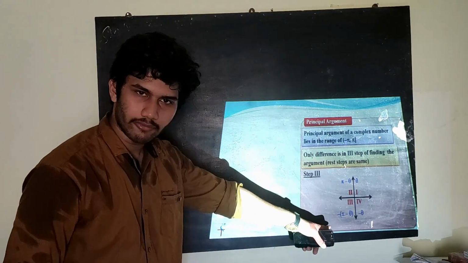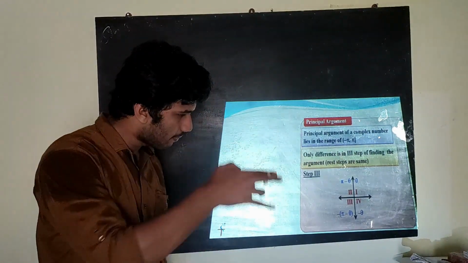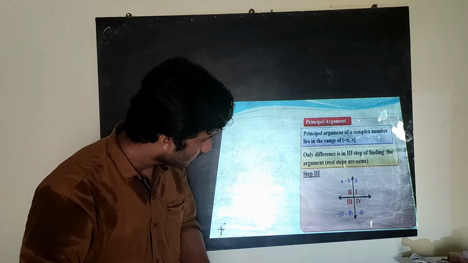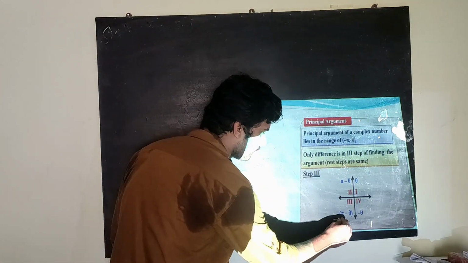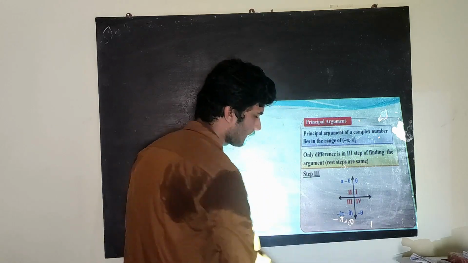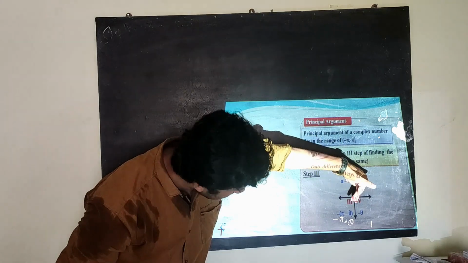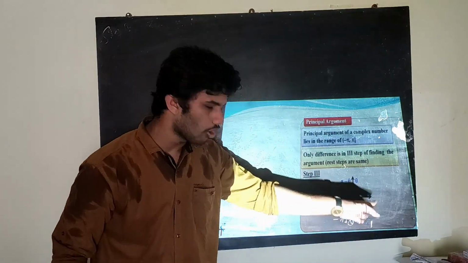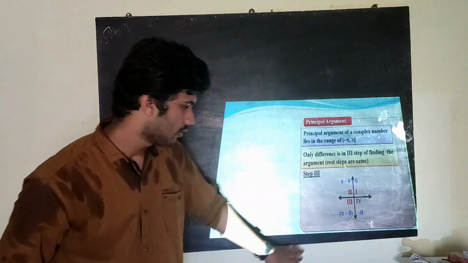And this is what I have discussed. In the first quadrant, theta. Second quadrant, pi minus theta. Third quadrant, this is actually pi plus theta. If you multiply the negative sign inside, it becomes minus pi plus theta. So this is actually minus pi plus theta. And the fourth quadrant remains minus theta. Hope this is clear for you. Let's move.